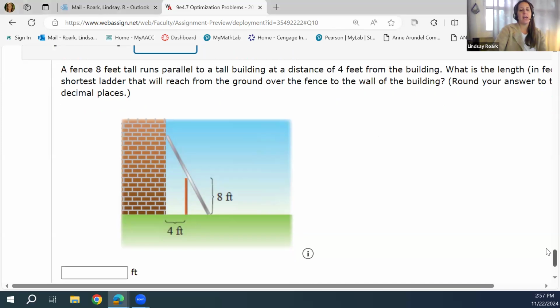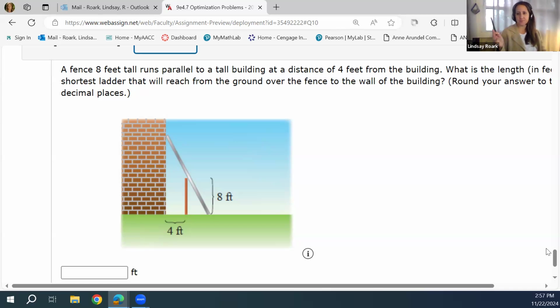It says a fence 8 feet tall runs parallel to a tall building at a distance of 4 feet from the building. Thank God they gave us a little diagram, because that whole sentence is a little tricky. So there's a building, and then 4 feet after that, there's an 8 foot tall fence. And then it looks like they put a ladder and laid it down on the fence, which I don't know if that's a good idea, and onto the wall.